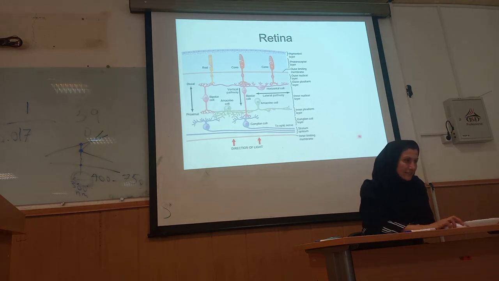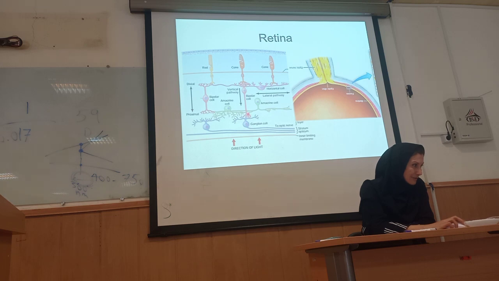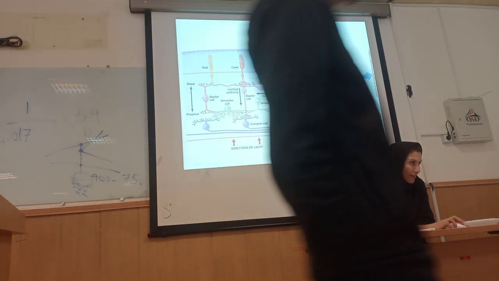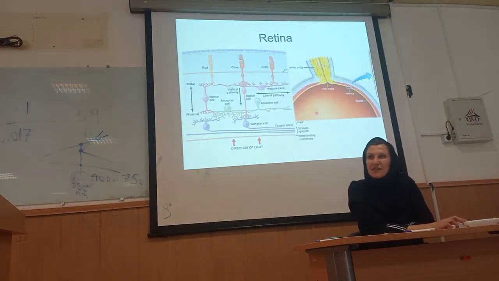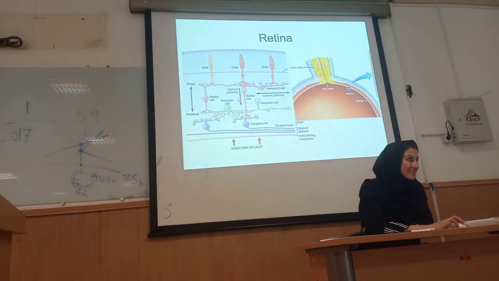Light comes from here, and the first cells that respond to it are the photoreceptors.